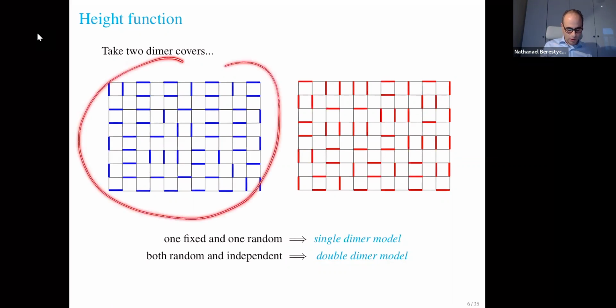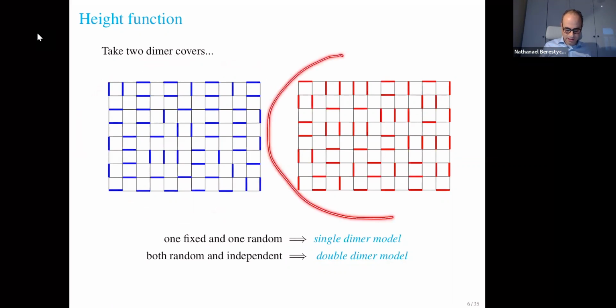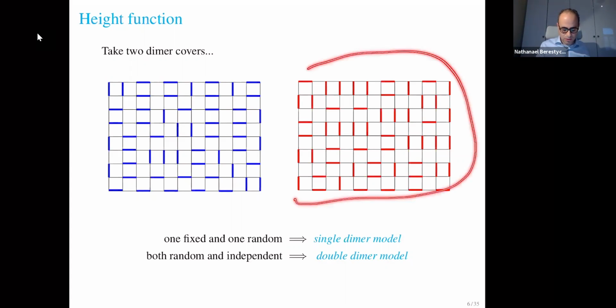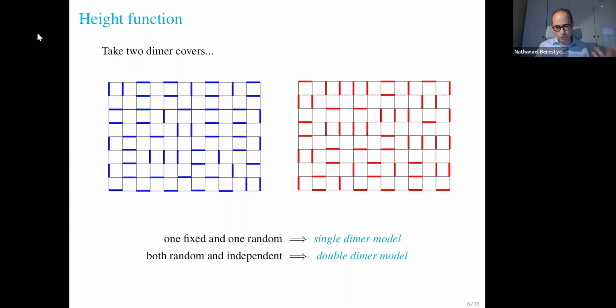So here's one dimer cover on a piece of the square lattice, and here's another one on the right. And just like in the previous picture, you had a bit of a choice when you decided what's the reference frame to measure the height function. Here again, you have a bit of a choice, and the role of the frame is played by the second dimer configuration that you're considering.